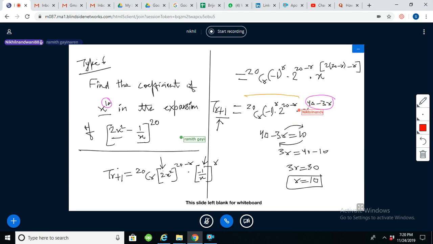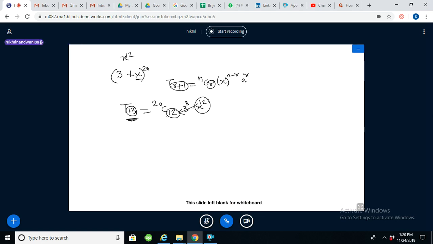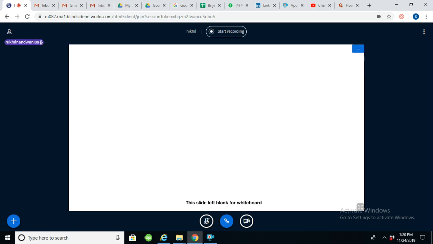Coefficient means it is asking for this thing, this orange color thing. Okay, I'll just put r equals 10 here.